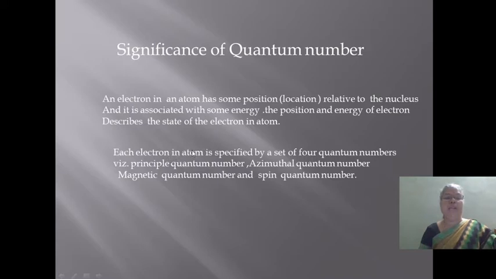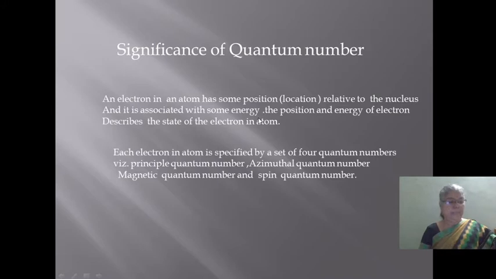Each electron in an atom is specified by a set of four quantum numbers: principal quantum number, azimuthal quantum number, magnetic quantum number, and spin quantum number. This is the significance of quantum numbers.